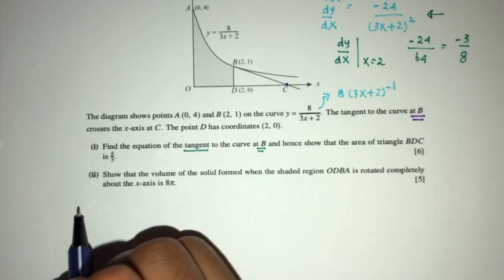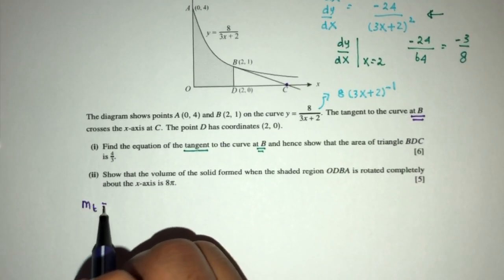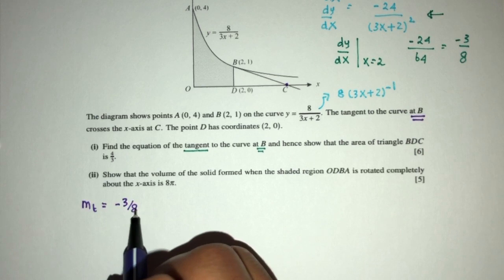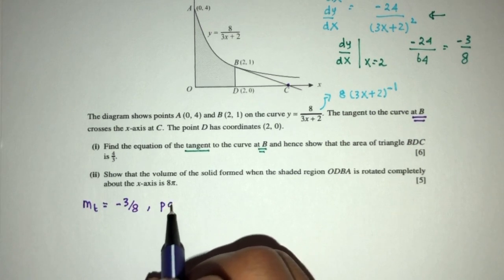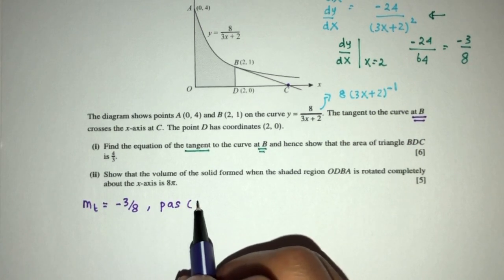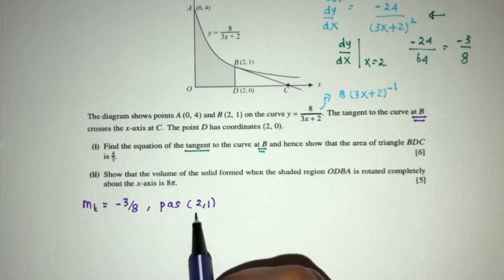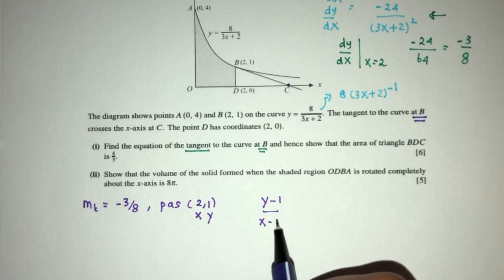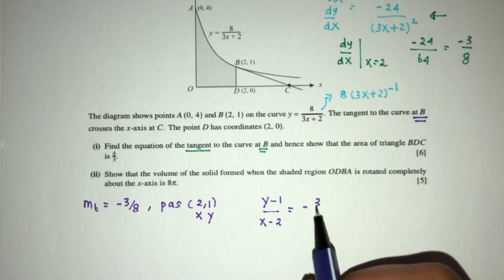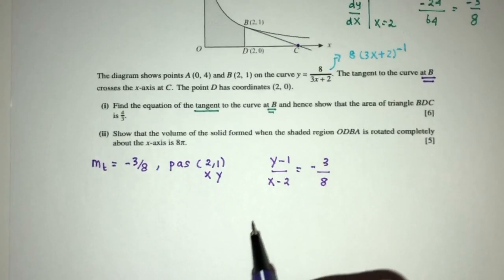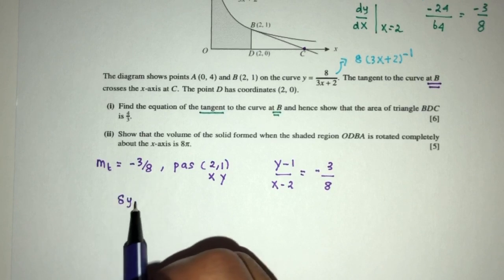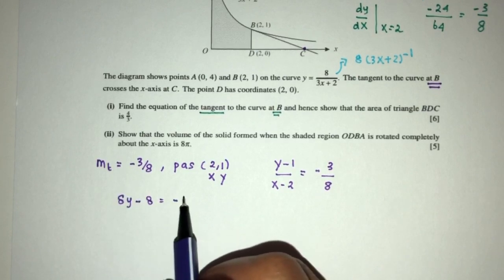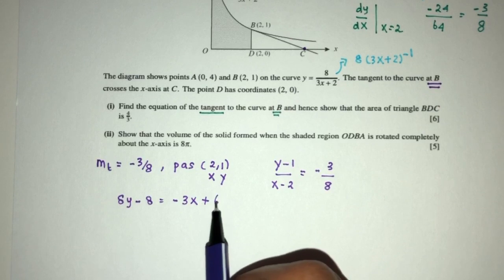So we have the gradient as required by the question, and then we have the passing point is (2, 1). This is my x and my y value, so (y minus 1) over (x minus 2) has to be minus 3 over 8. So cross multiply, you will have 8y minus 8 is equal to minus 3x plus 6.